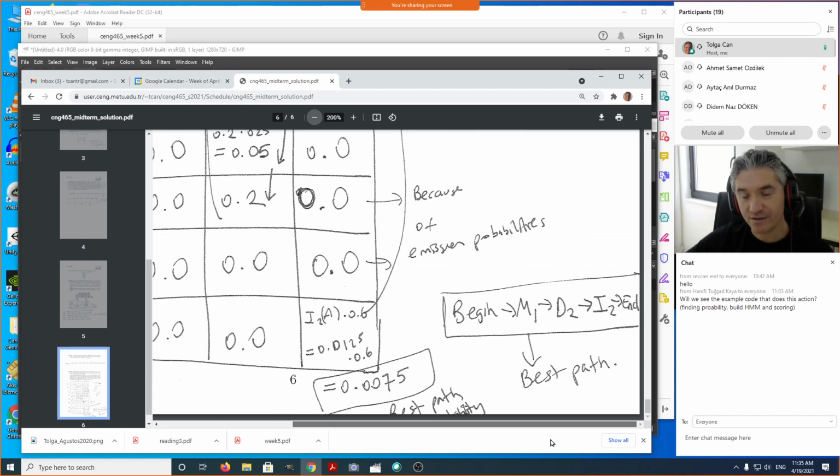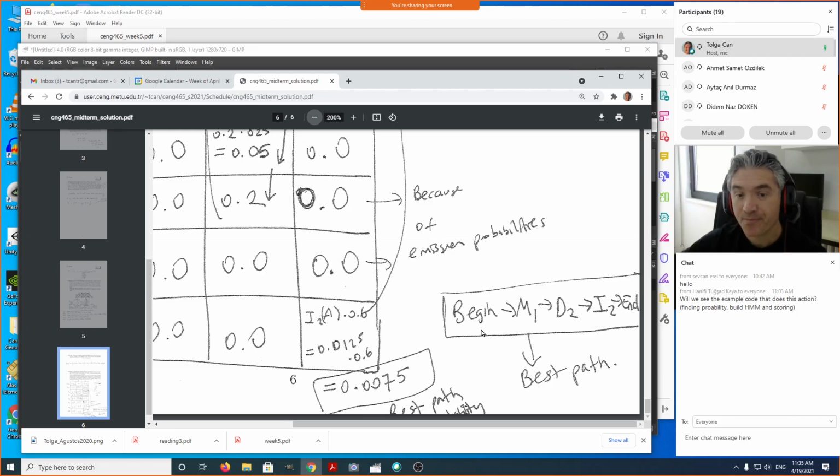For this particular sequence, we started with begin, then went to M1, then D2, then I2, then came to end. This is the only possible path. Therefore, you don't need the Viterbi algorithm here. You can do it manually to see that this is the only possible way to align your sequence to this profile.